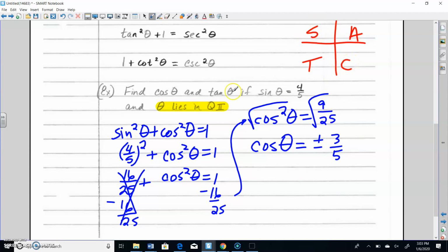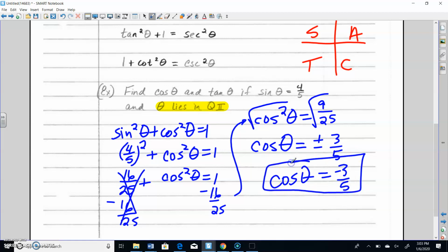So in the second quadrant, that's where this angle's terminal side lies. Is the cosine positive? No. So our answer is going to be negative 3/5. So I'm just going to rewrite our answer as cosine theta is negative 3/5.